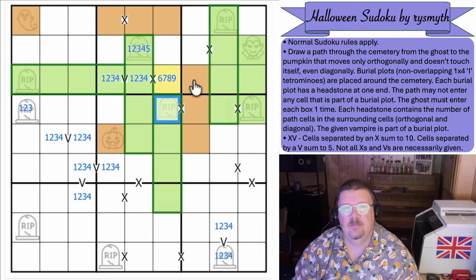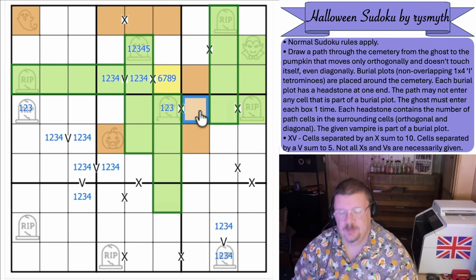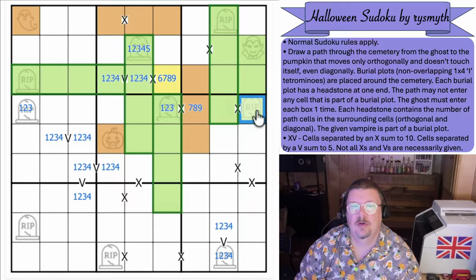This is a maximum of 3. That makes this 7, 8, or 9. This is a maximum of 2, which makes that 8 or 9. That gives me a 1, 2, 3 triple in the row. That's very nice.